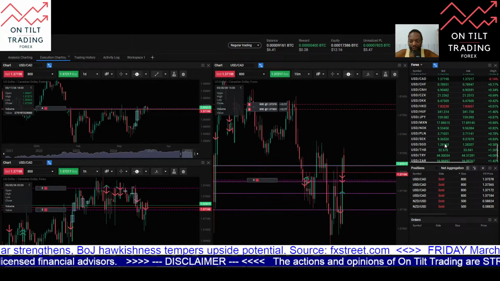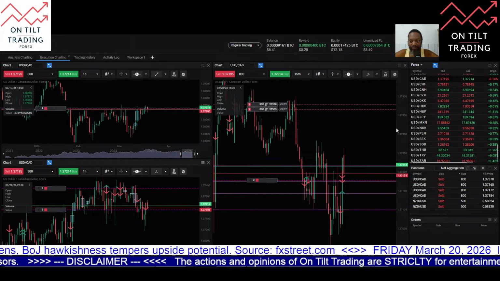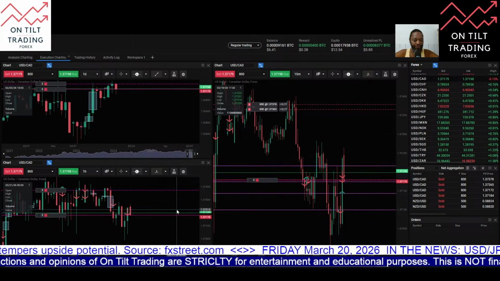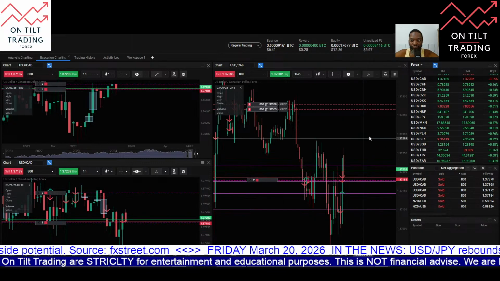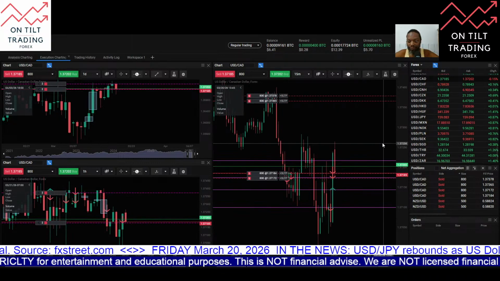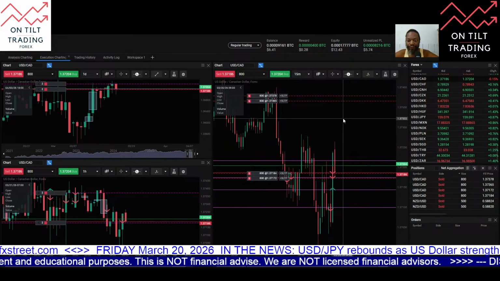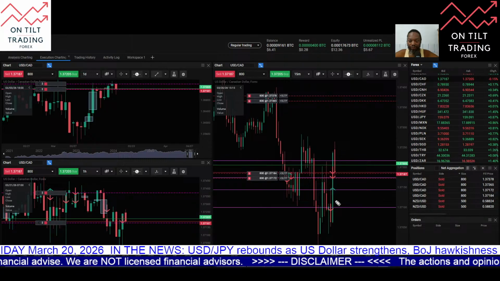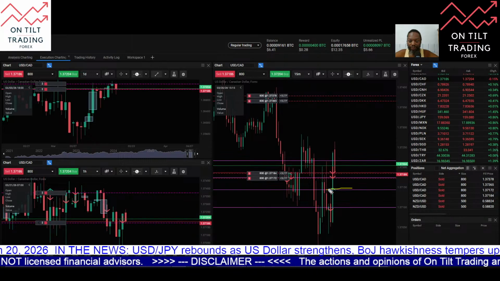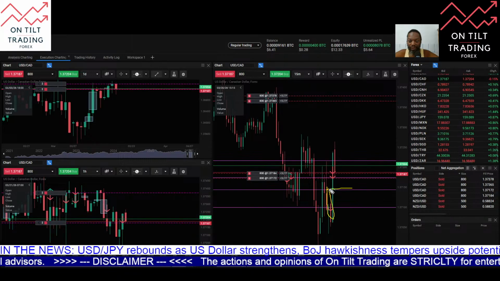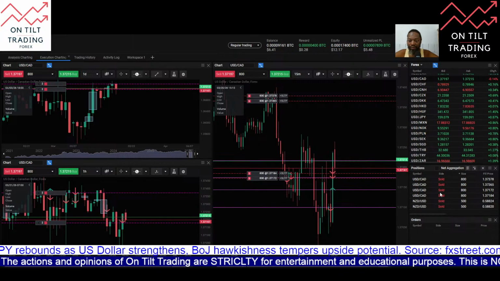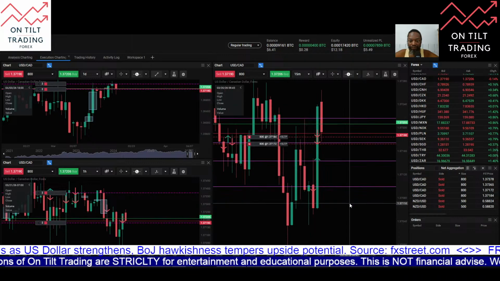See dollar CAD here, 137.200, still showing sell side delivery. See if there's continuation, 137.180. And again, looking for price to get down to this level, which is the high of this candle, which would eliminate the possibility of a bullish fair value gap.